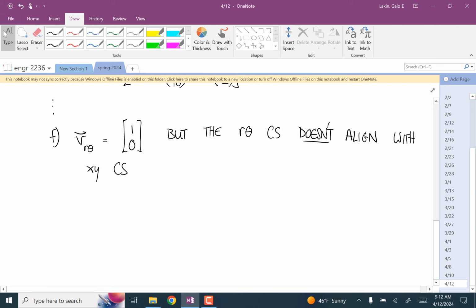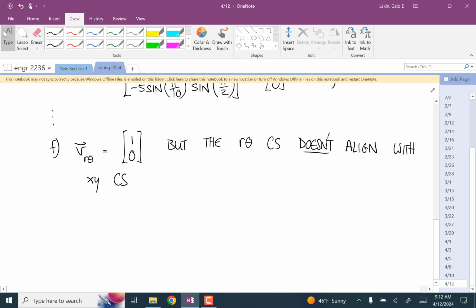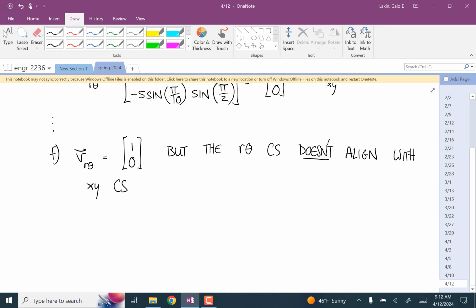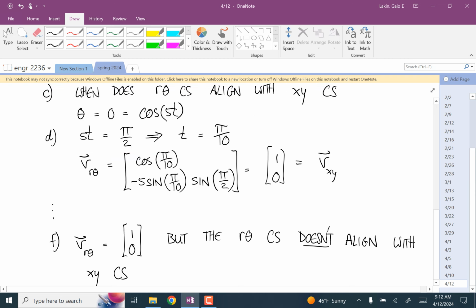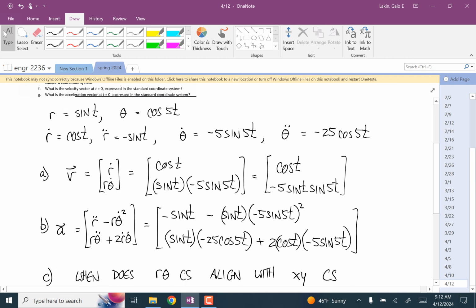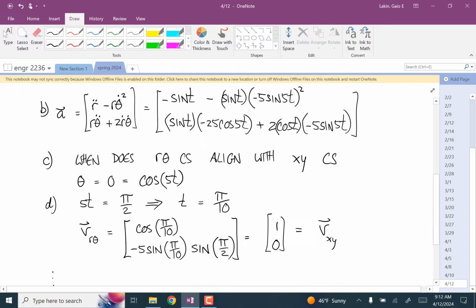Okay, because remember the r theta coordinate system always has the r axis pointing straight at the particle. Okay, so let's see what theta is, and that'll tell us what the... so theta is equal to 1.